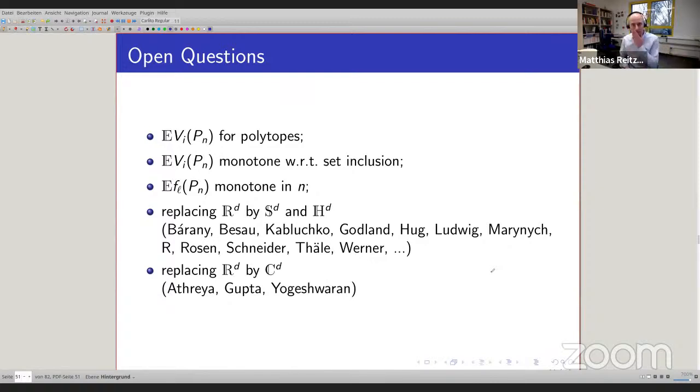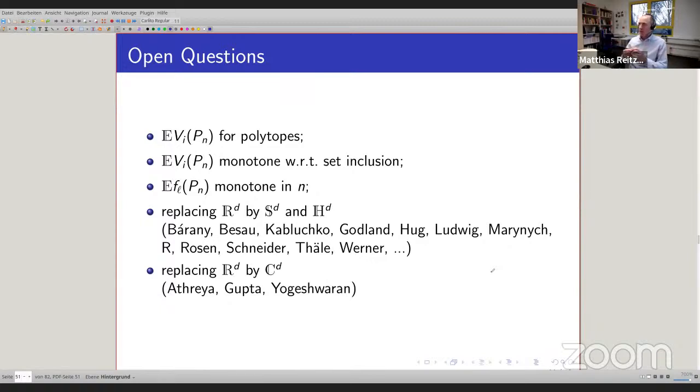And then I want to mention two more things which I didn't mention up to now. So if we replace the Euclidean case, the underlying case, by the spherical or hyperbolic case, this has been of recent interest. Computing expected volumes, expected number of vertices for random polytopes in the spherical and hyperbolic case, and several people have contributed to this question in the last years.